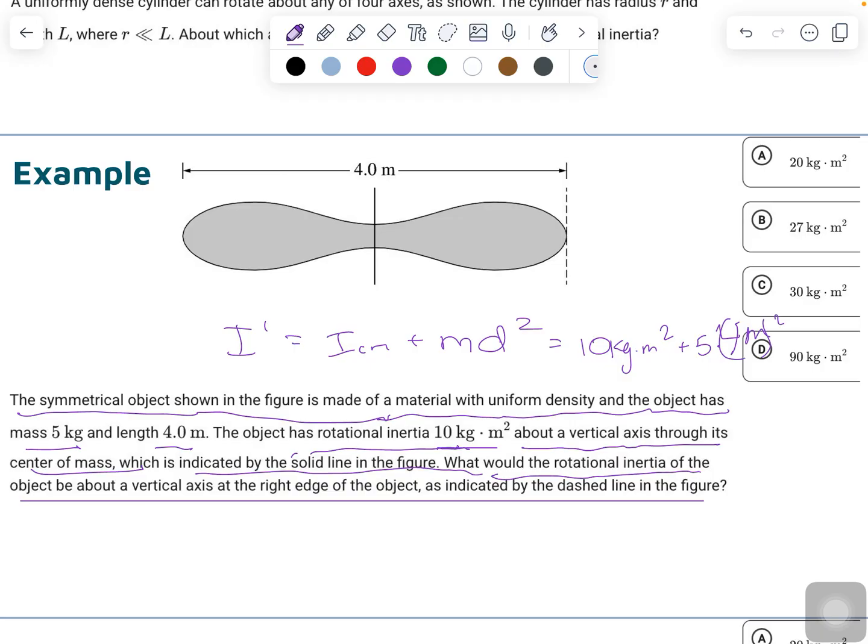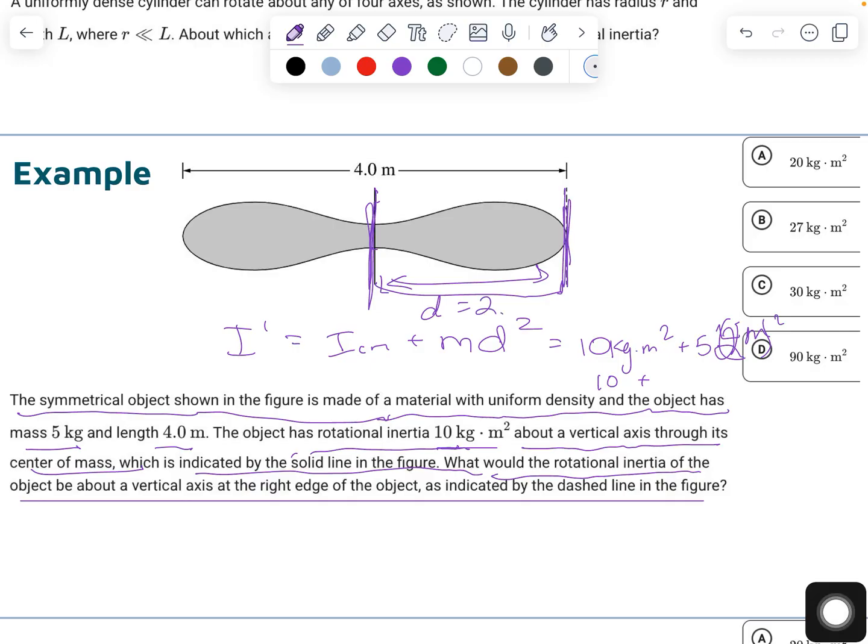But we're only moving 2 meters away. So that's actually going to be a 2. So we have 5 from where we were, and we're moving 2 meters away from where we are. So our distance d would actually be 2, not 4.